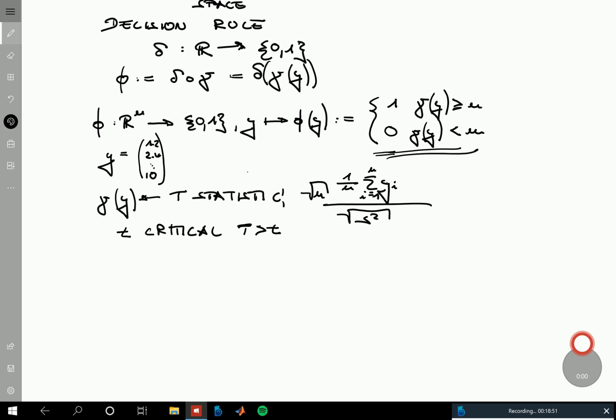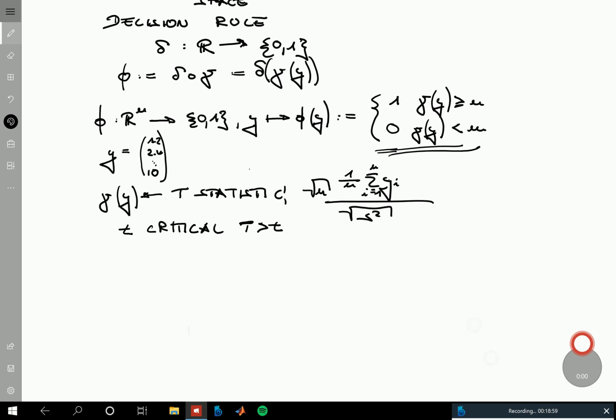The important thing about this whole thing, or one important thing, is that the test statistic, so the gamma y, is a random variable and has a probability distribution. And you know that because the t-statistic has a distribution, namely the t-distribution, and based on the distribution of the test statistic, one can then enforce certain test error probability rates.